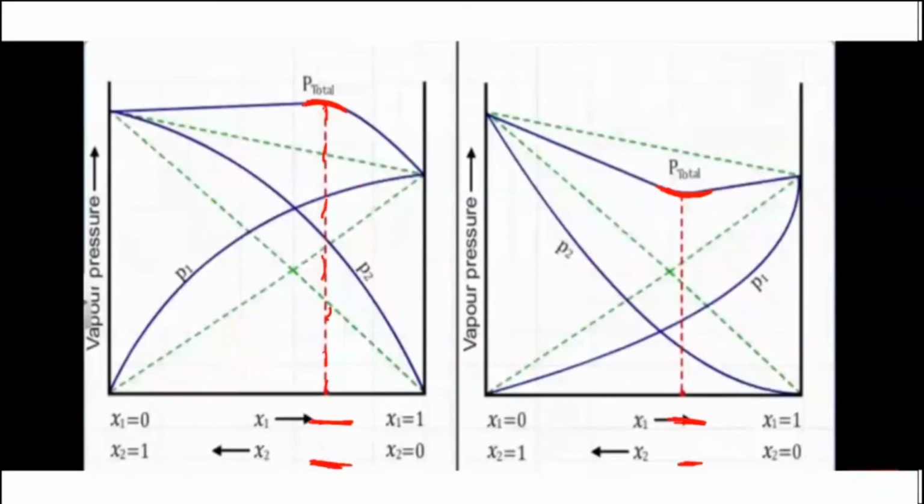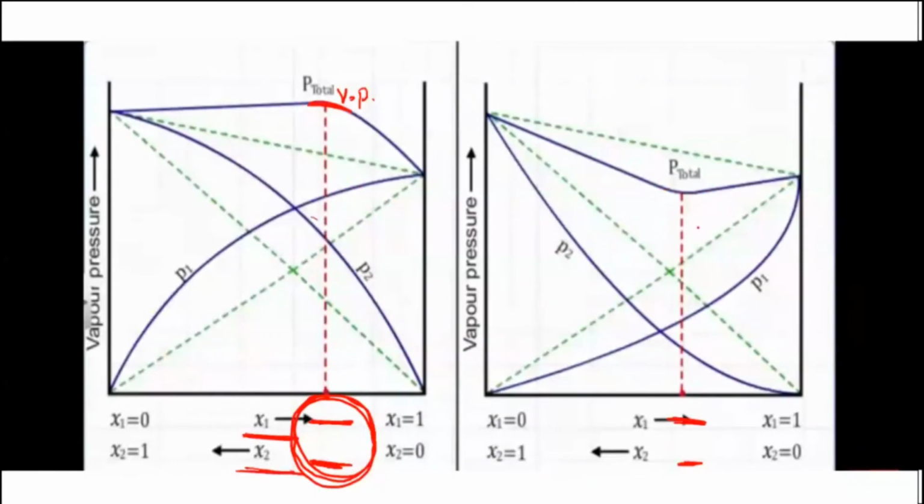I'll repeat what I said just now. When you have a look at both graphs, you can see one point where the vapor pressure for the positive deviation is maximum, and that happens at one particular composition. Your solute and the solvent will have one composition, and at this point you get maximum vapor pressure.